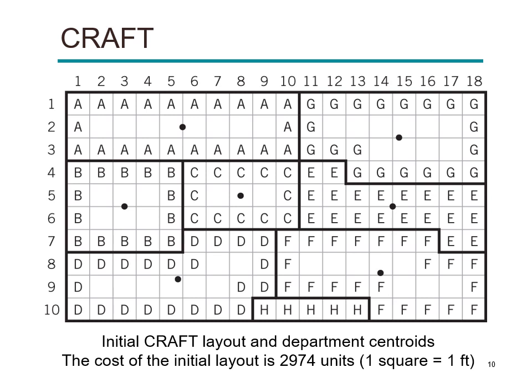And as I said, if you calculate the coordinates of this centroid and coordinates of this centroid, the rectilinear distance will be the difference between x coordinates plus the difference between y coordinates. Okay, so when you calculate these rectilinear distances, you multiply them with the flows between the departments. And for this example, for this initial layout, we can calculate the initial cost to be 2,974 units.